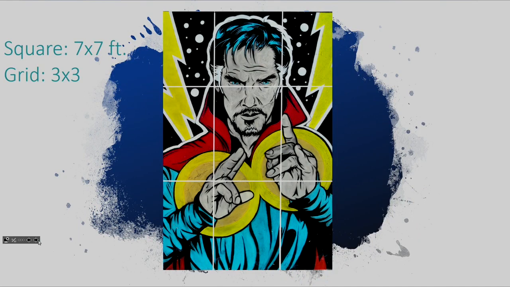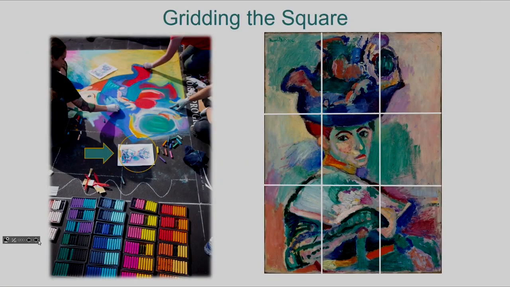This year, because of safety standards, every artist is going to be working on a 7 by 7 foot square. And today we're going to do an activity involving a 3 by 3 grid within a square. Next slide. So, gridding the square. Here first is an example of artists on a 7 by 7 foot square.